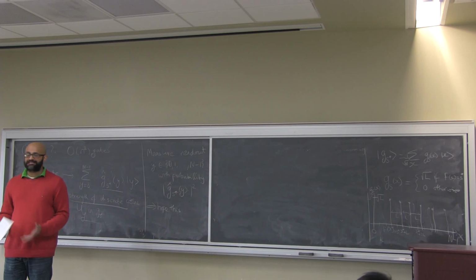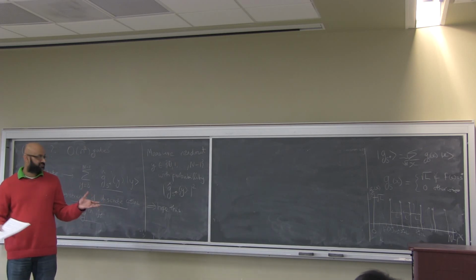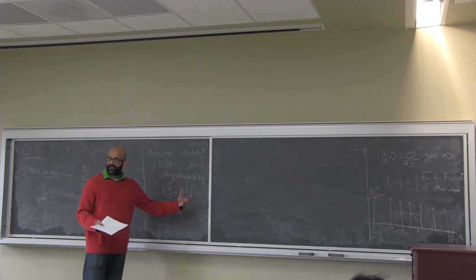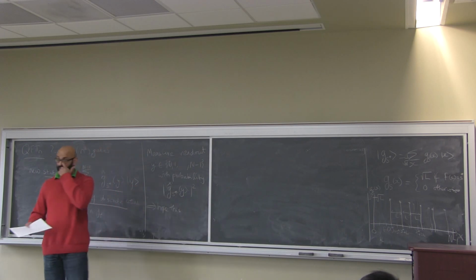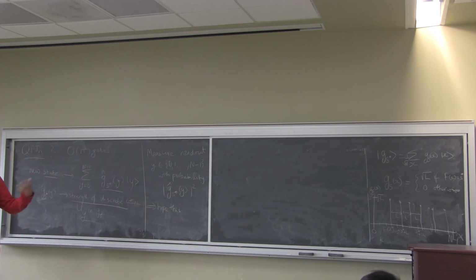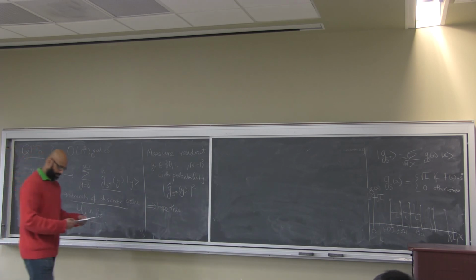All this tells us that we expect this function GS star of y to have some periodicity 1 over L, and therefore we'll be able to extract some information about L. But exactly how to do that is the trick, which is why we need some number theory results that I'll introduce after I finish this quantum notion.